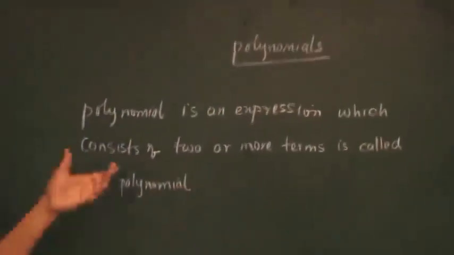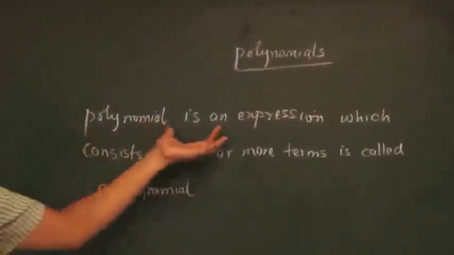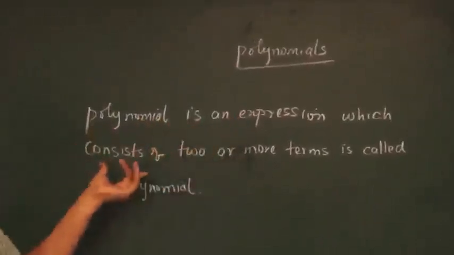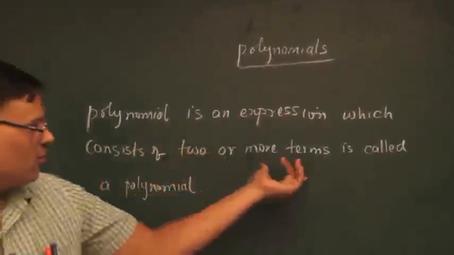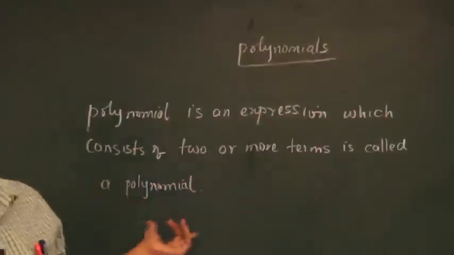So what is a polynomial? A polynomial is an expression which consists of two or more terms.